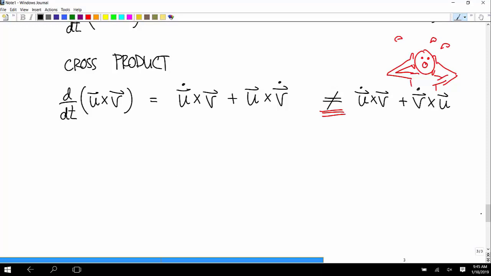And then the last thing is the chain rule. So the chain rule with vectors.